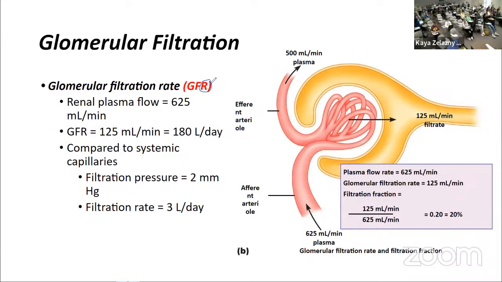And this is something that can vary, and will vary. So when we're thinking about our glomerular filtration rate, we're going to have something measured in milliliters per minute, so a volume per minute, a rate, like a speed, okay?